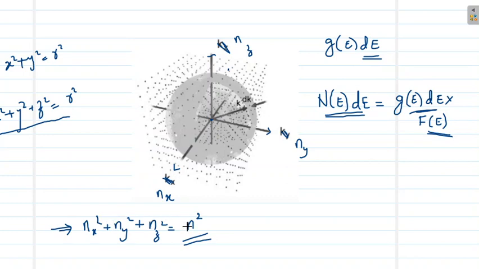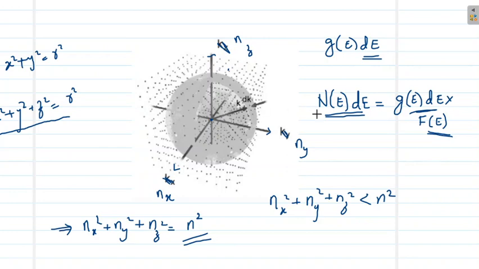Now what is the speciality of this sphere? There may be plenty of points within this sphere and there may be plenty of points outside this sphere. For the points within this sphere, Nx square plus Ny square plus Nz square will be less than N square, right? Within this sphere, the squares of the points added together will be less than N square.